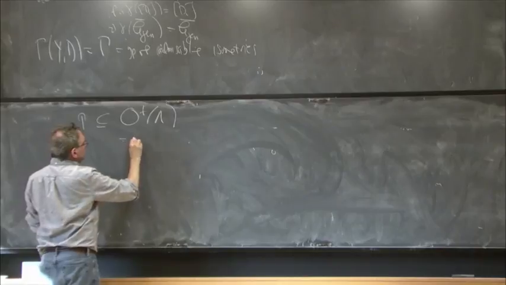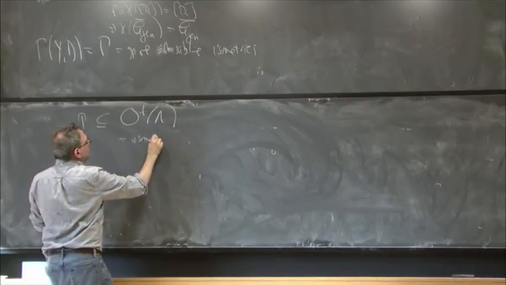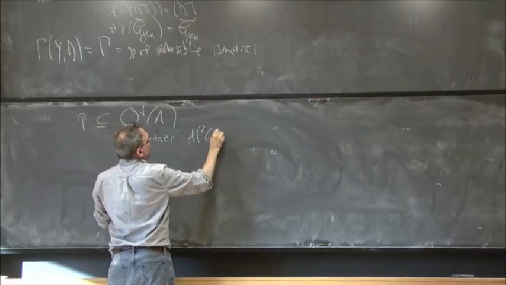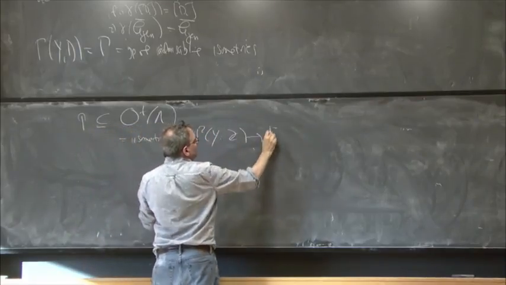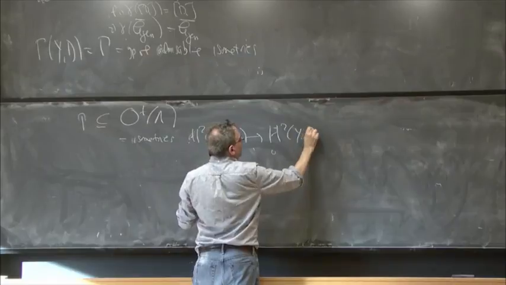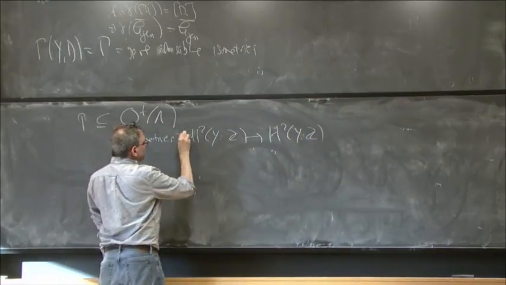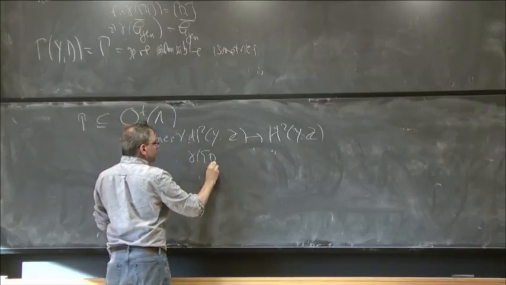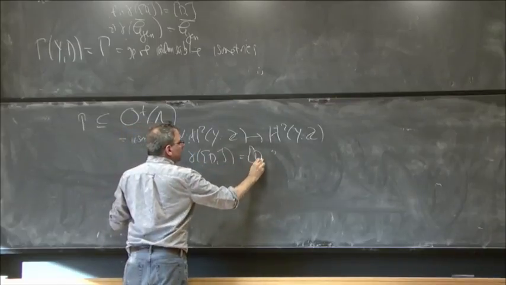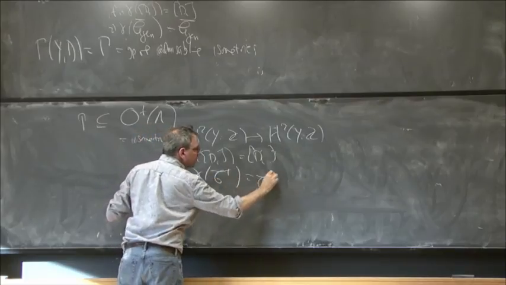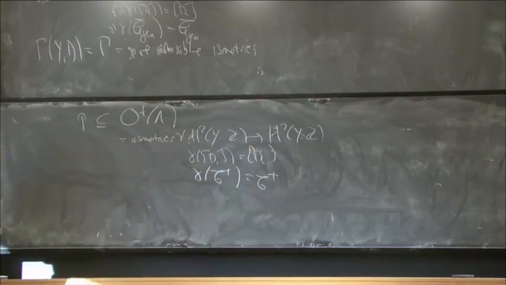These are the isometries from H2 of Y to H2 of Y that preserve the classes of the D_i, and the plus is just saying that it takes the positive cone to itself.